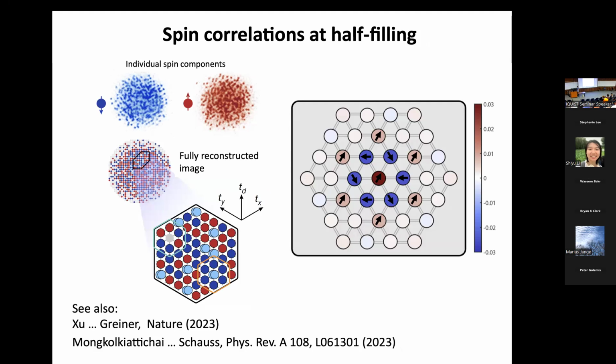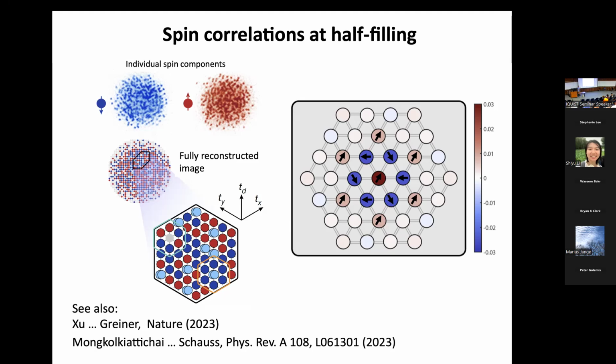First, at half filling. We can, again, look at spin correlations in the half-filled system. And this time, thank you for asking that question about the light-assisted collisions. I told you you can only get this digital readout, but in the Hubbard model on a site, there are 4 possibilities in a single band model. You can have a hole, an up spin, a down spin, or a double where you have an up and a down on the site.